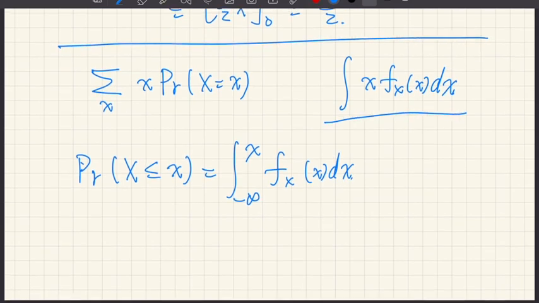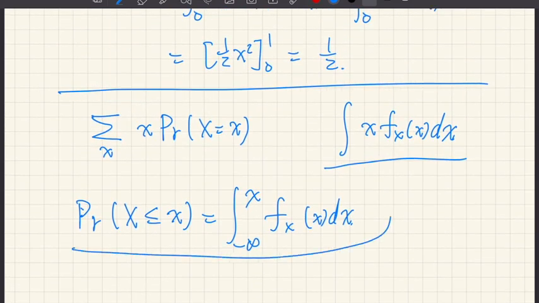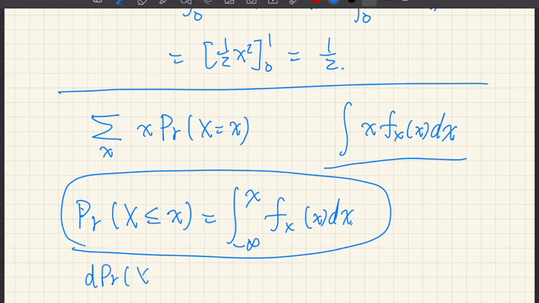So if you differentiate both sides with respect to this lowercase x, it will be this.